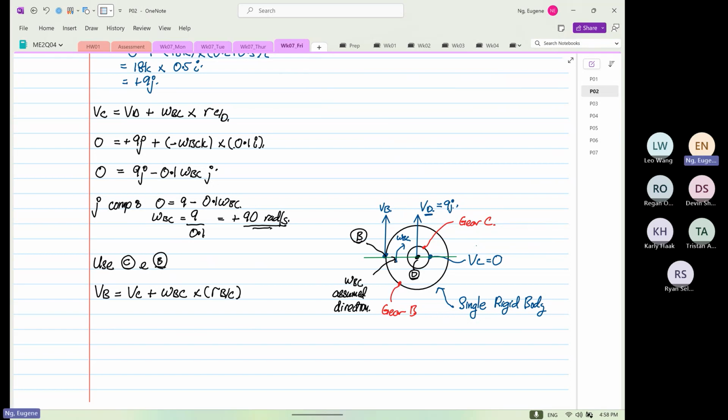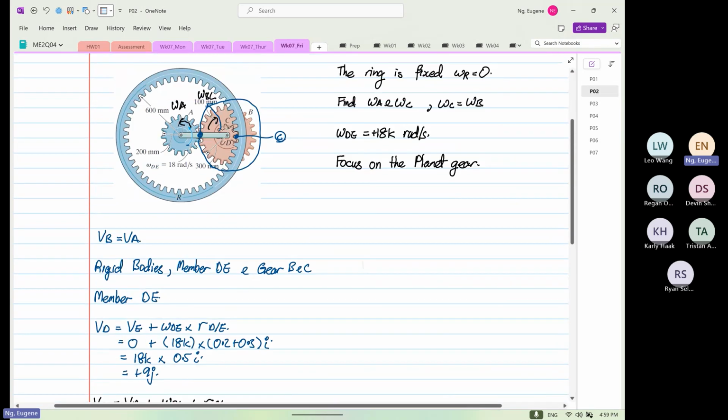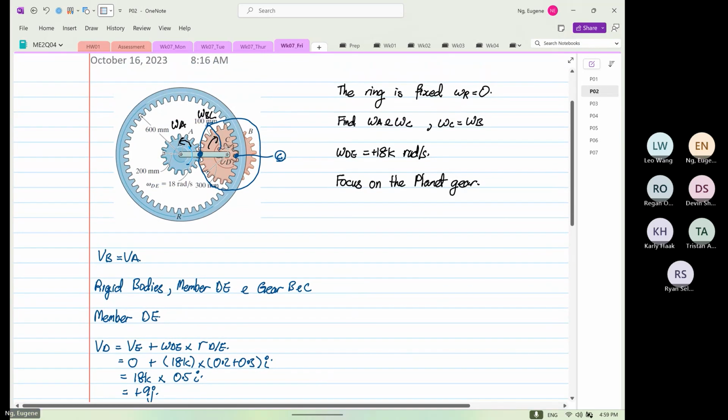For this case, VC is equal to 0 plus omega BC is minus 90K cross RB, okay, from point C. So it's going to be a negative what? Negative how many? Okay, negative I.